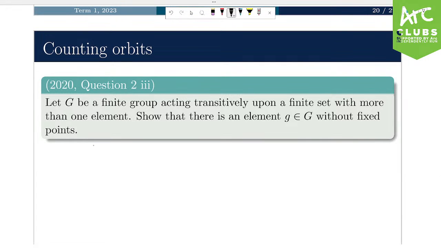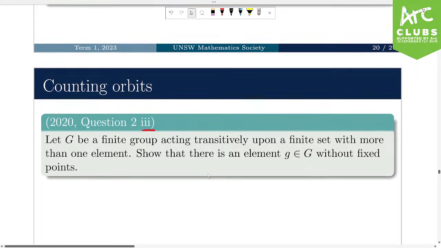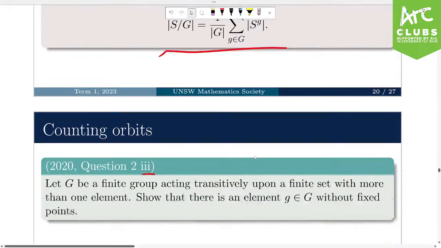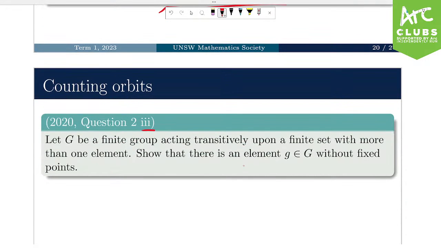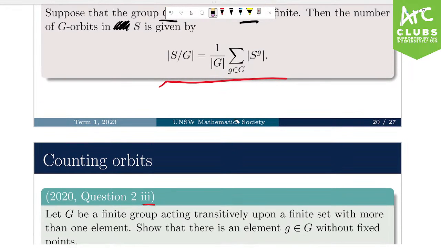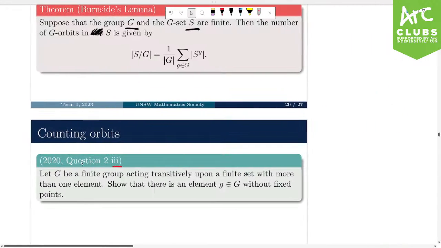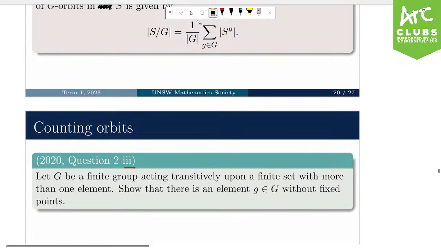Well, this is actually a part 3, and part 1 and 2. Part 1 gets you to state this result, and part 2 gets you to state what transitively means. So that's a clue to use both of these pieces of information in our solution. So what does transitively mean?